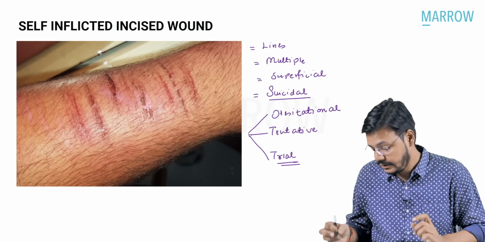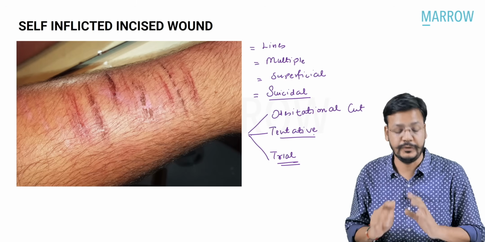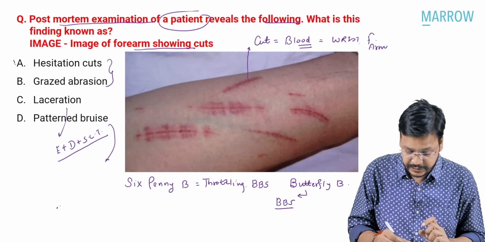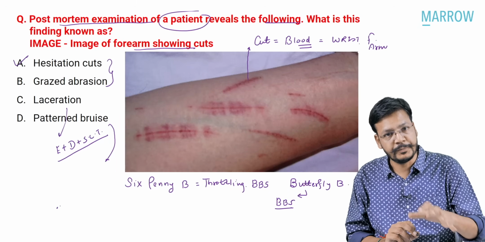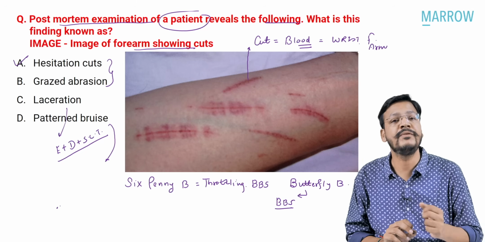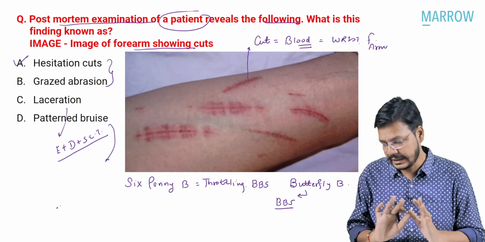Hesitational cut, tentative cuts, or trial cut. So the option best suited here is hesitational cut. You have a linear pattern, superficial cuts, and these are suicidal in nature, self-inflicted injury. So the answer to this question is this one.